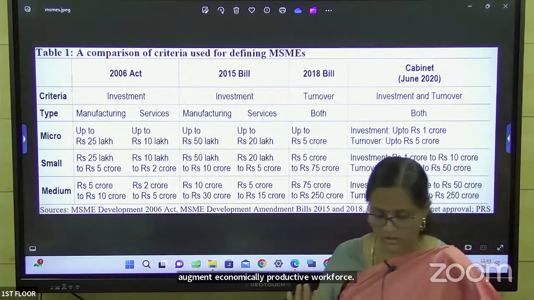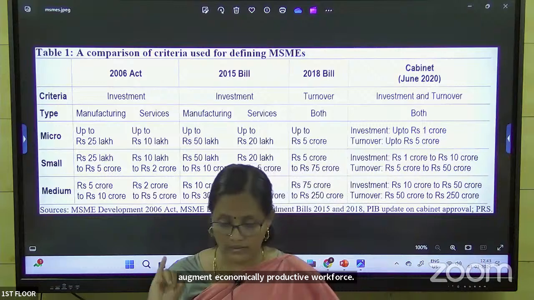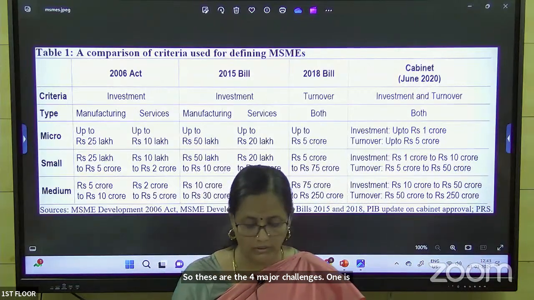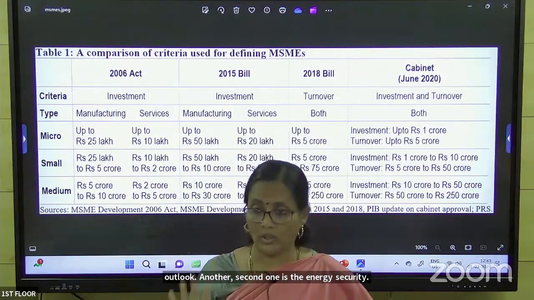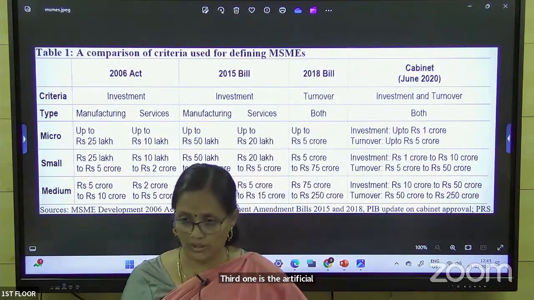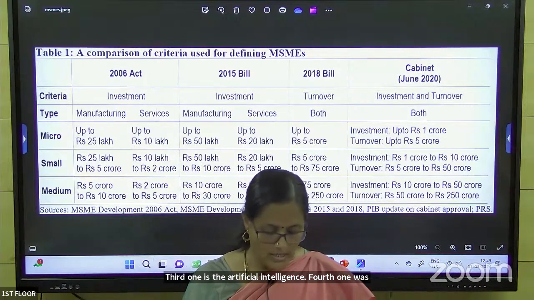So these are the 4 major challenges. One is growth outlook, the second is energy security, third is artificial intelligence, fourth is creating economically productive workforce. We have these challenges in front of us.